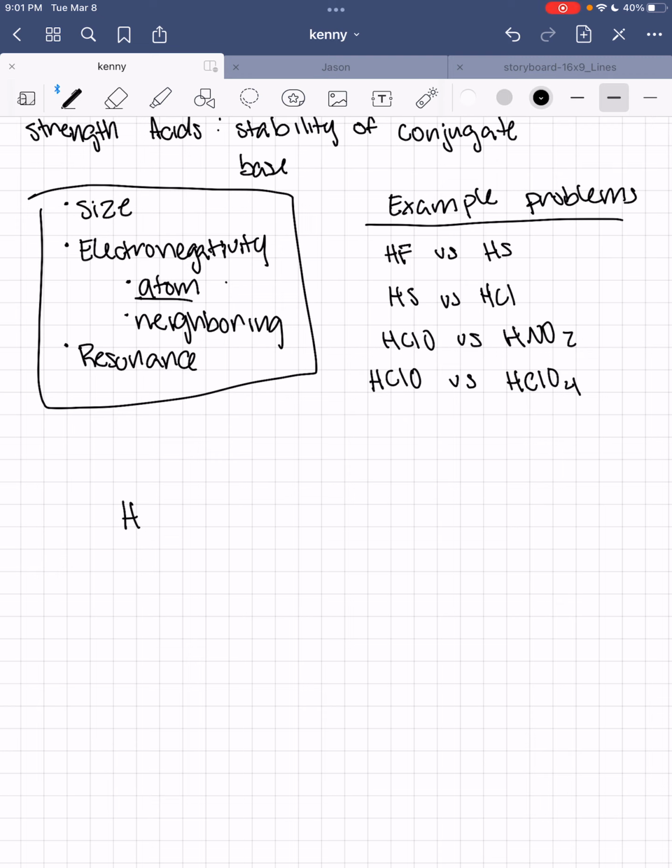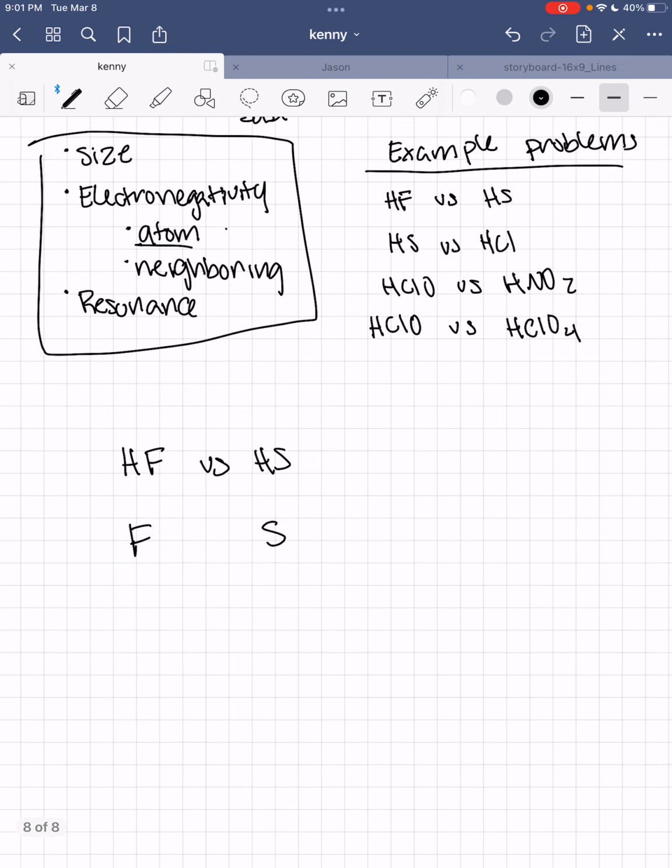So hydrogen fluoride versus hydrogen sulfide. This is an example of a size question, and you can see that the sizes of the conjugate bases, fluoride and sulfide, are different. Because fluorine is in the second period, its electron cloud is small compared to sulfur's large one in period 3.